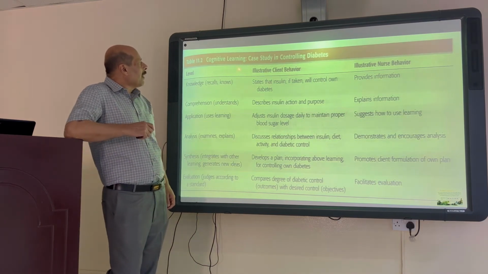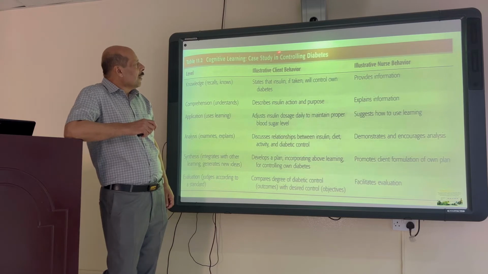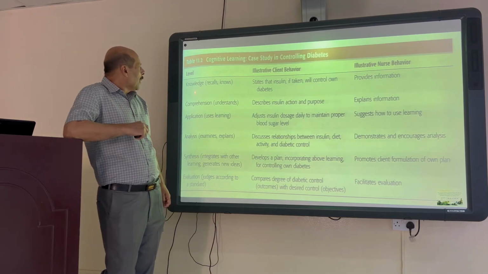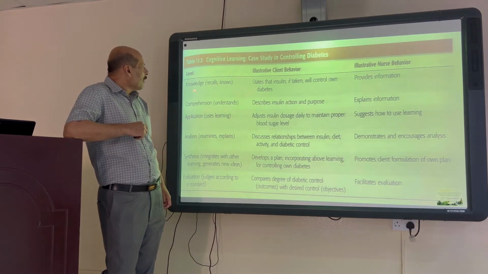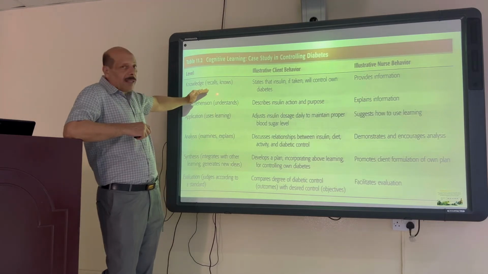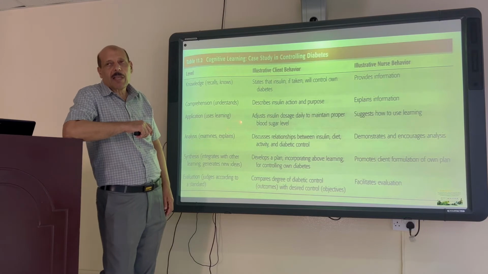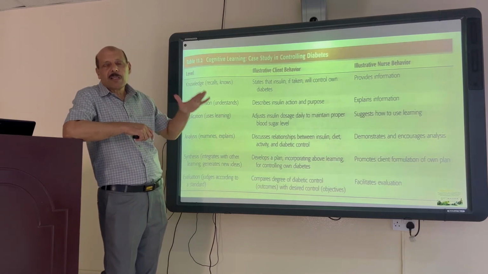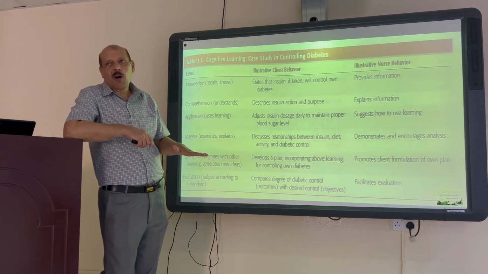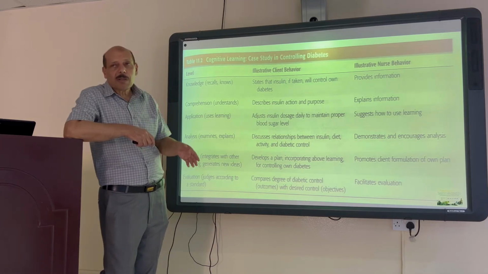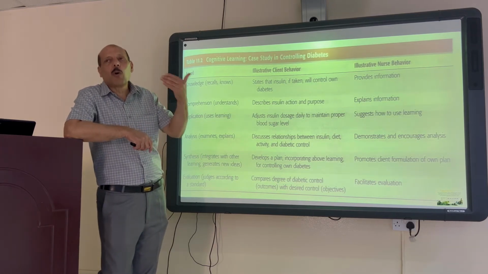The cognitive learning, the first level, or the lowest level, is knowledge, which is recall, tadakkur. So it is the lowest level of learning, where we are able to recall what we learn.